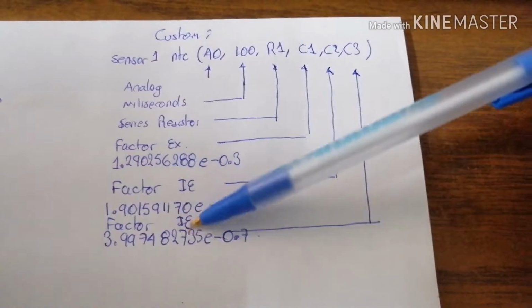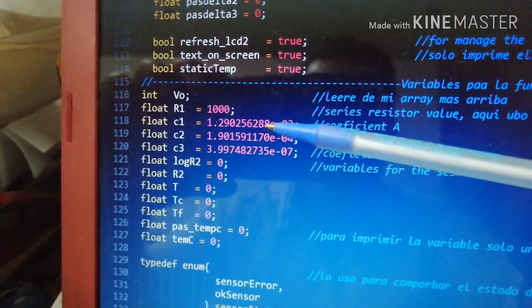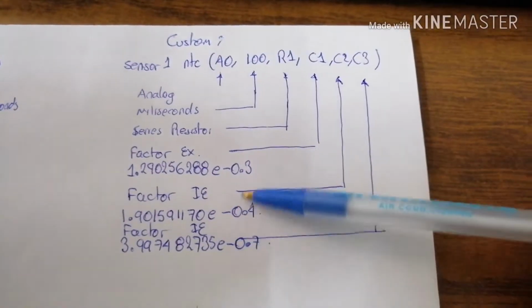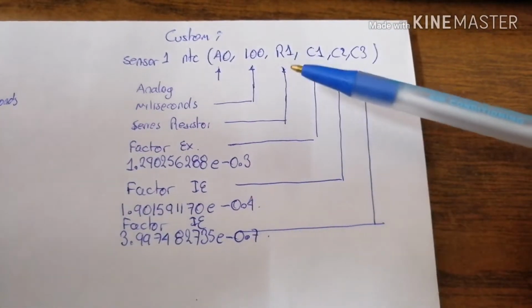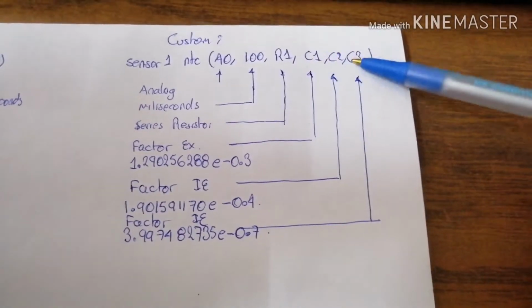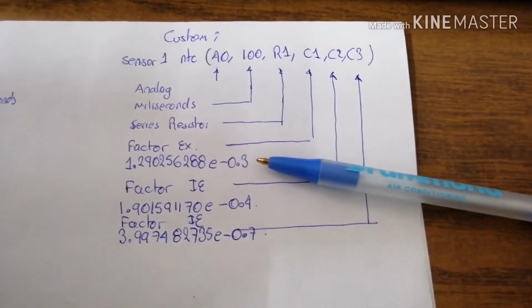And the next factor is this logarithmic factor from the curve of each sensor. So these change according to the sensor. So in the near future if I need a different sensor, this factor will be changed, right? So I will need to have an entry mode in here to be able to declare them in the program, right?